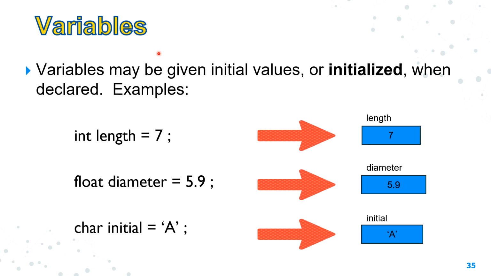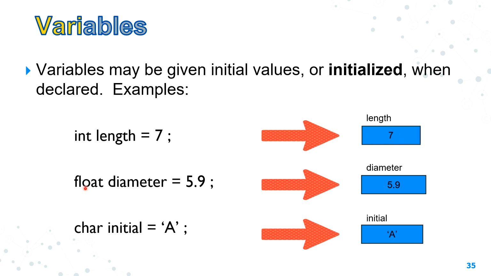In C programming, variables may be given initial values when they are declared. This process is called initialization. For example, when we write int length = 7, we are declaring an integer variable named length and immediately assigning it the value of 7.